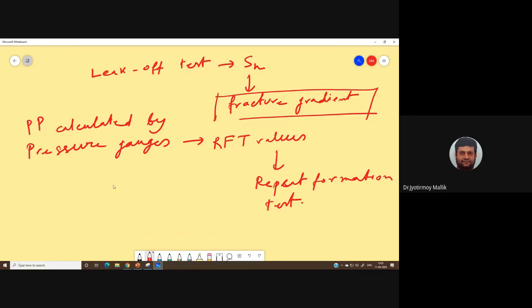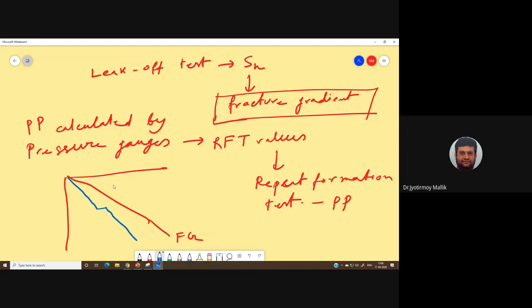Okay, so by measuring the fluid pressure, which we call RFT measurements, we calculate pore pressure, and by doing the leak-off test, we calculate fracture gradient. Okay, and then we essentially construct my fracture gradient curve, and then also we construct our pore pressure curve, right, which can look something like this. This is the gas gradient, and hence we can calculate the drilling window.